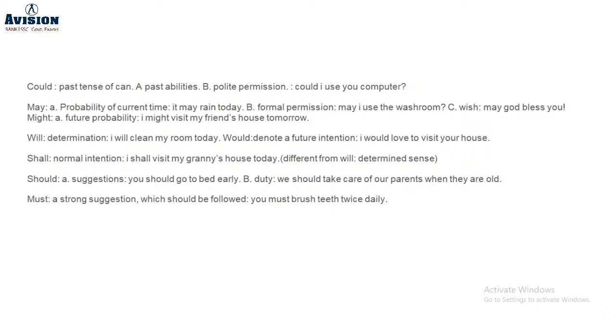And apart from these, from the examination point of view, important questions come from non-finite verbs, which are infinitives, gerunds and participles. Infinitives always have to and the base form of the verb.